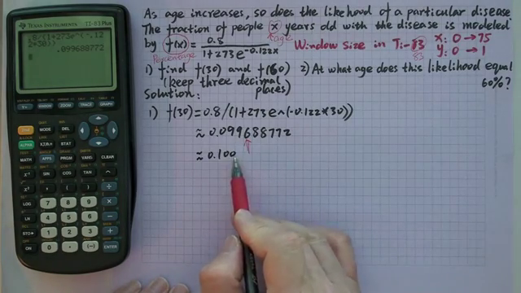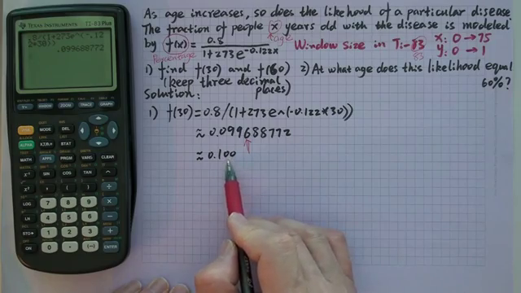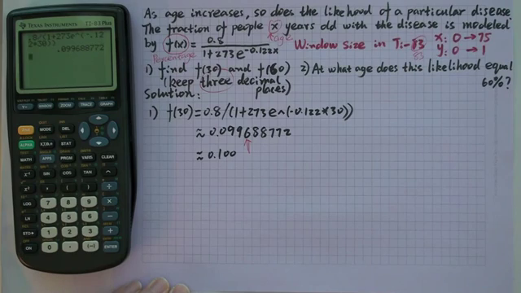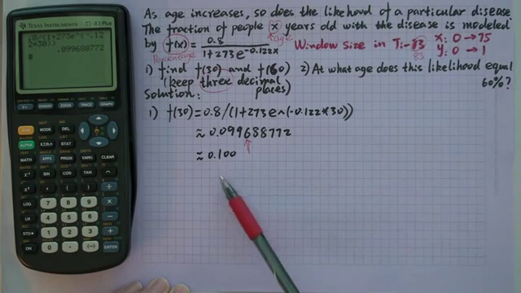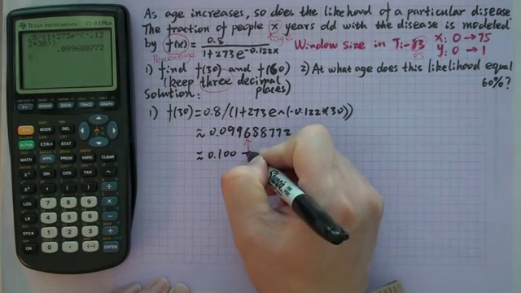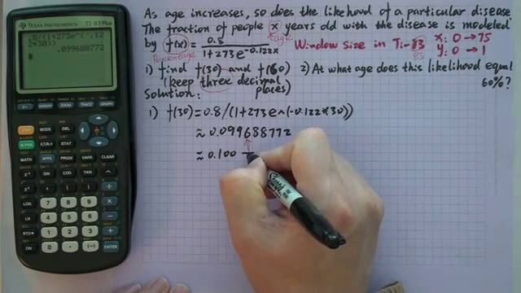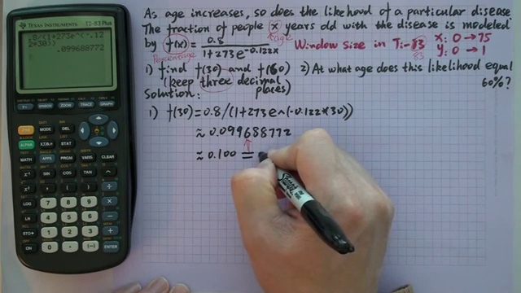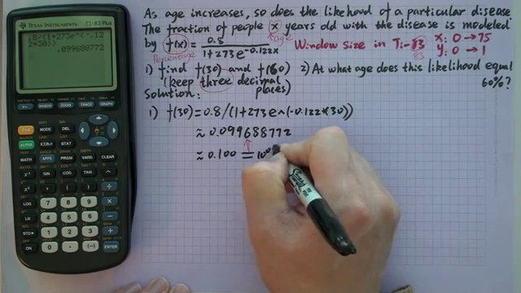Don't skip those 2 zeros, because those 2 zeros tell you that you have 3 decimal places. This is a rounding result. Basically, this is like 10%.